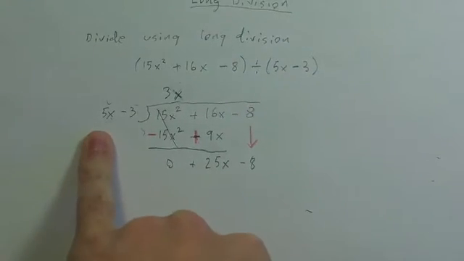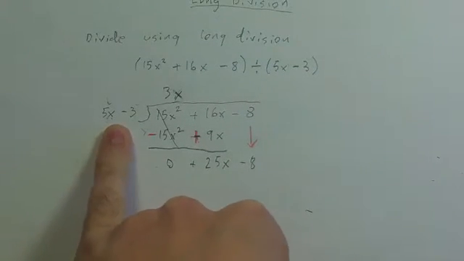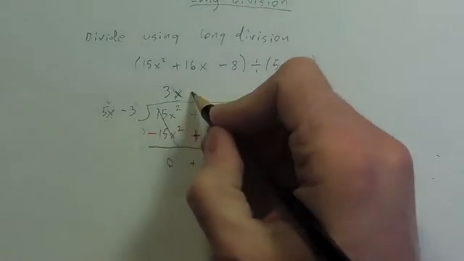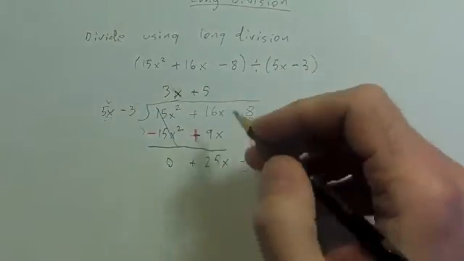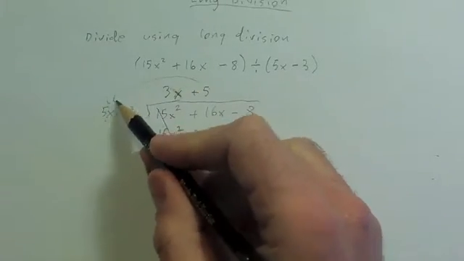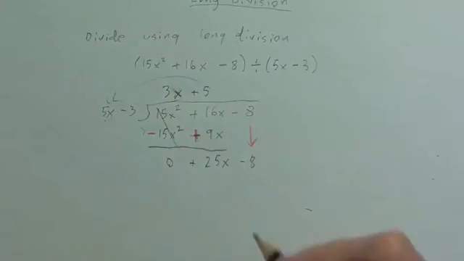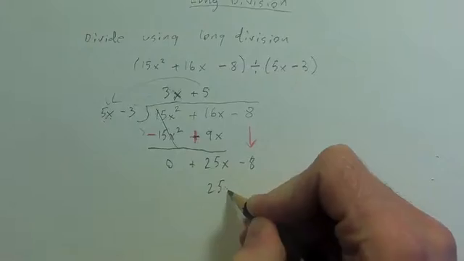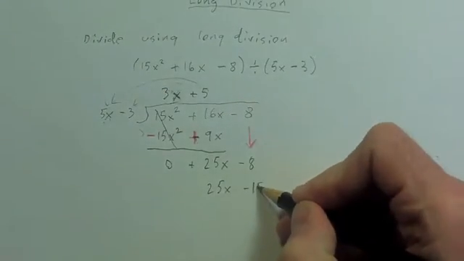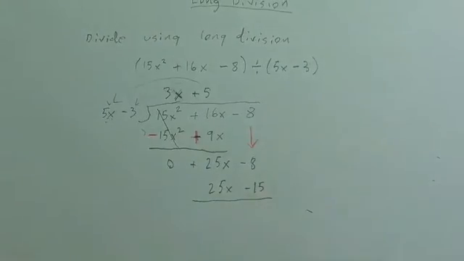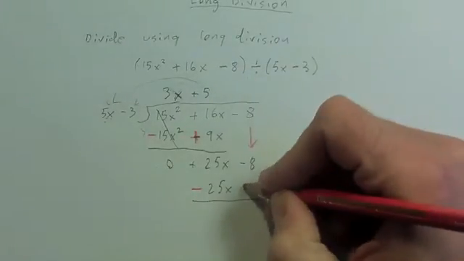If I choose 5, 5 times 5x is 25x, and 5 times the negative 3 will be minus 15. Then we change our signs.